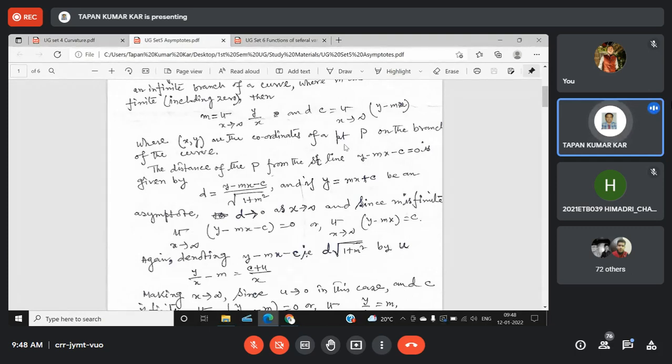But actually, when we determine asymptotes, there are some working methods I will discuss later. To determine the asymptotes of the curve, usually we use those working rules.